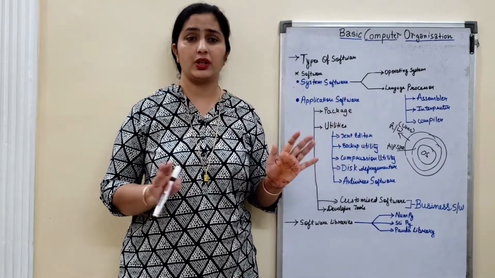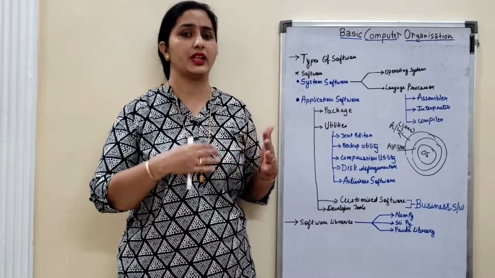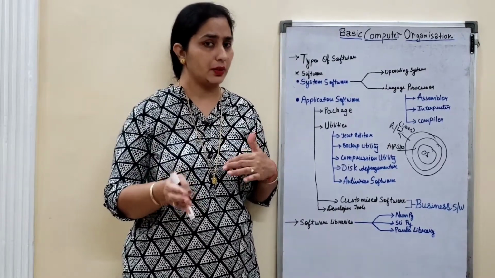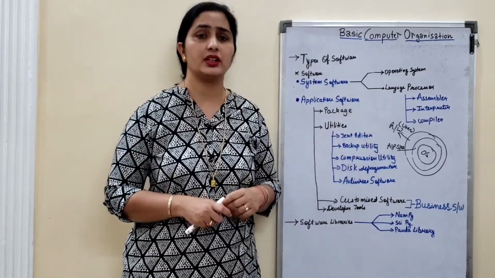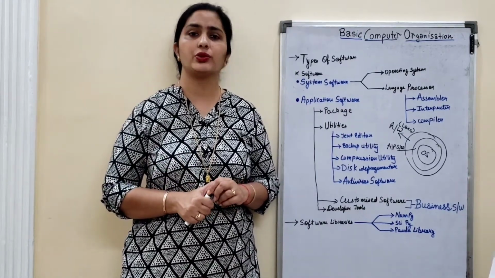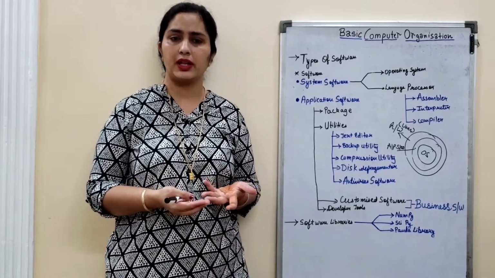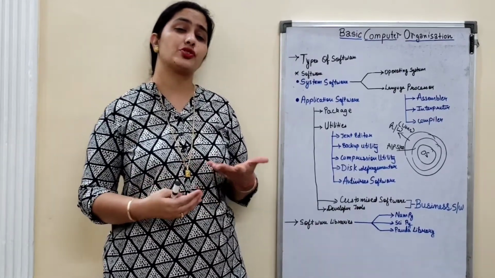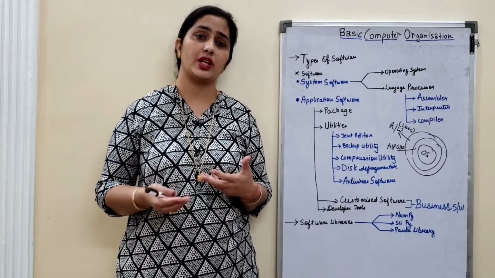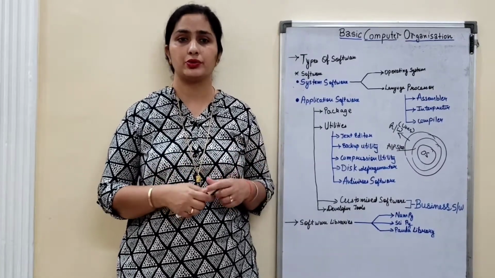Next is the interpreter. We all know that we cannot understand machine language, so the assembler converts that language for us. Second is the interpreter. As I gave you the example, it converts whatever we write in simple English into the form of zeros and ones. How does it do that?